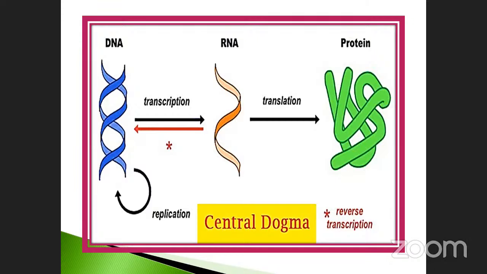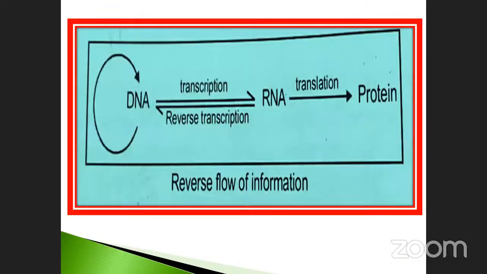We already studied it, and it is repeated here once again. See that: DNA to DNA is called replication. DNA to RNA is transcription. RNA to DNA is reverse transcription, because it is the reverse of transcription.